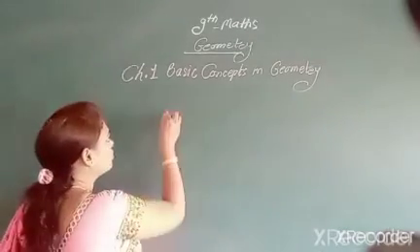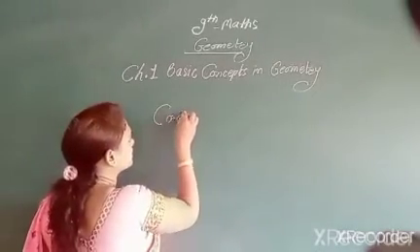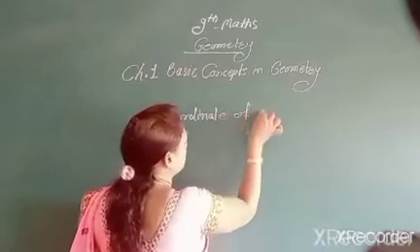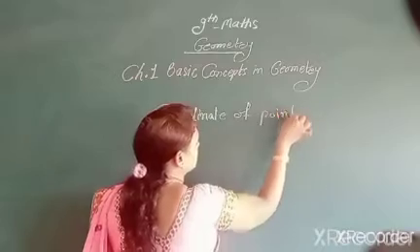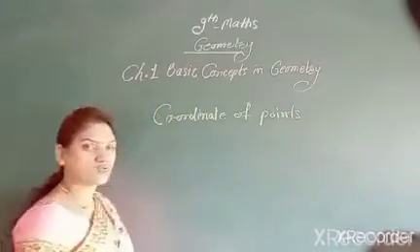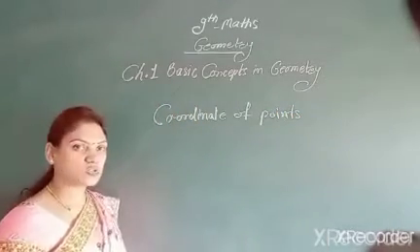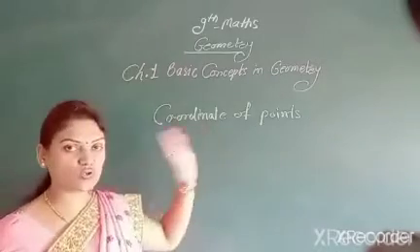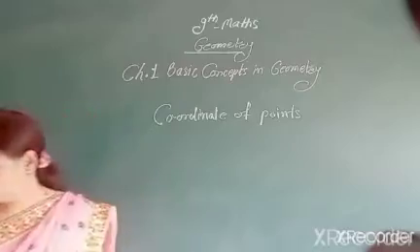Now, coordinates of points. The coordinate of a point means the number associated with a point on the number line is called the coordinate of the point. First I draw the number line.